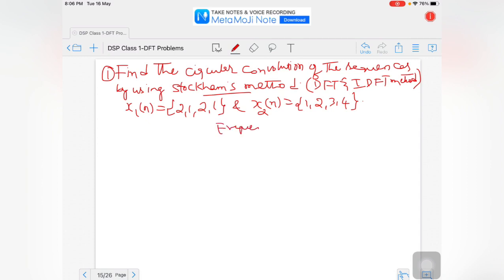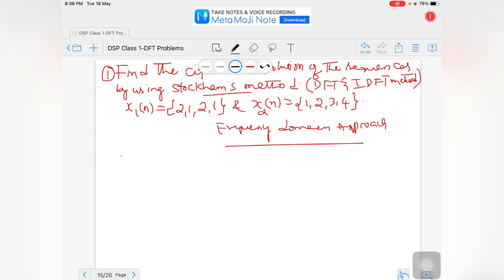Another name for Stockham's method or DFT-IDFT method is the frequency domain approach. So you should be very careful in the exam. All the method names are different, but the procedure of calculating the circular convolution remains the same.